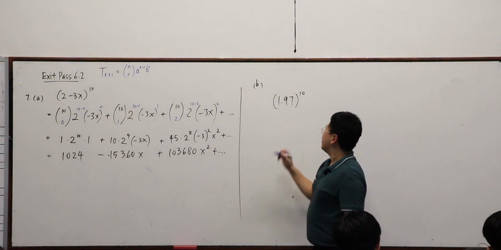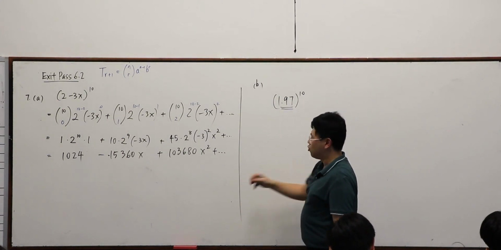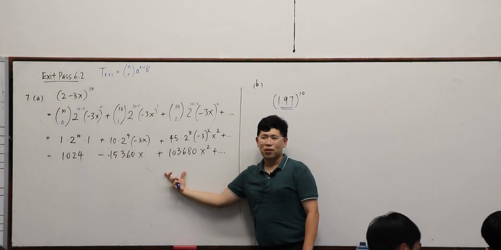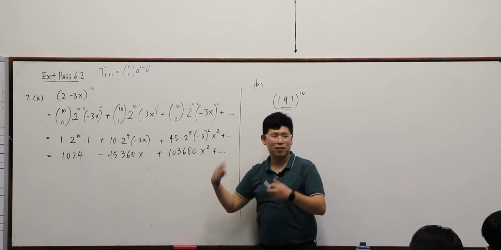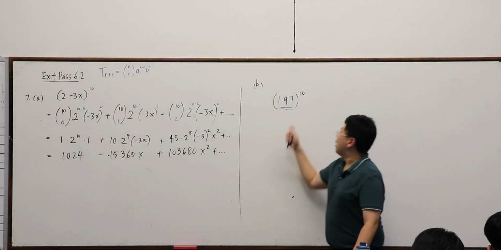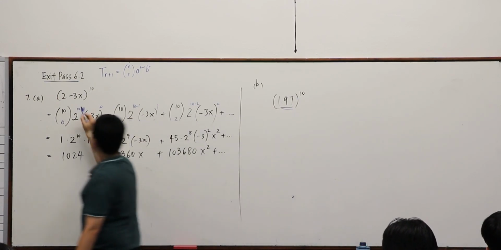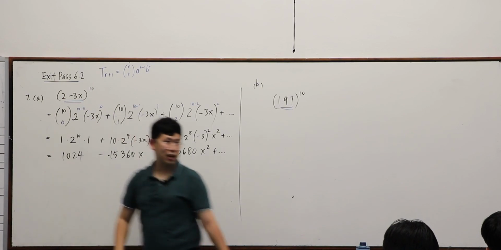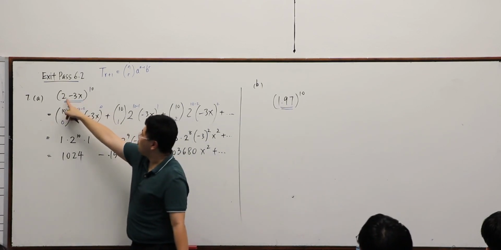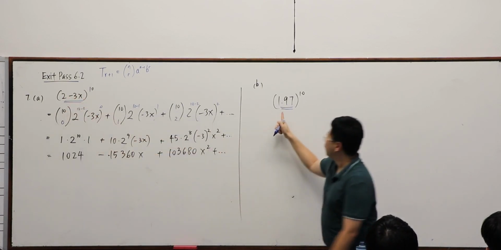So the thing is that we need to use this expansion. Any question? The expansion is just rinse and repeat. But for 1.97 to the power of 10, we need to refer back to this one over here. Same form, so 2 minus 3x, and 1.97.